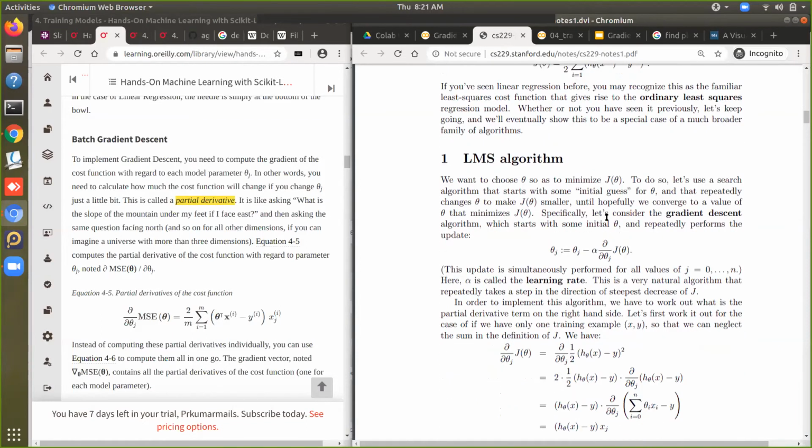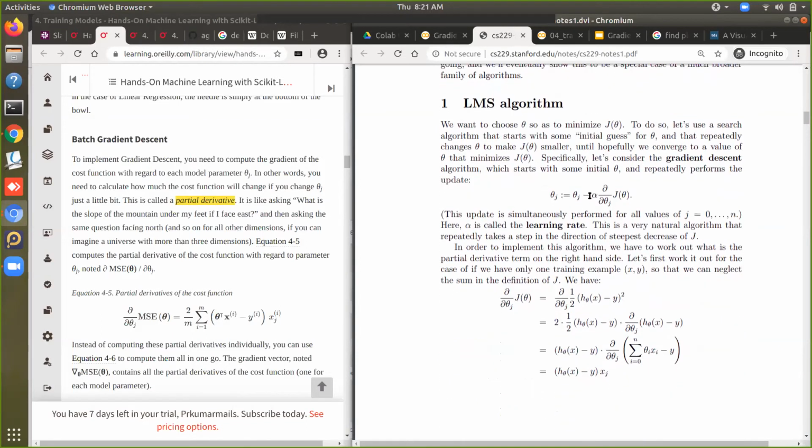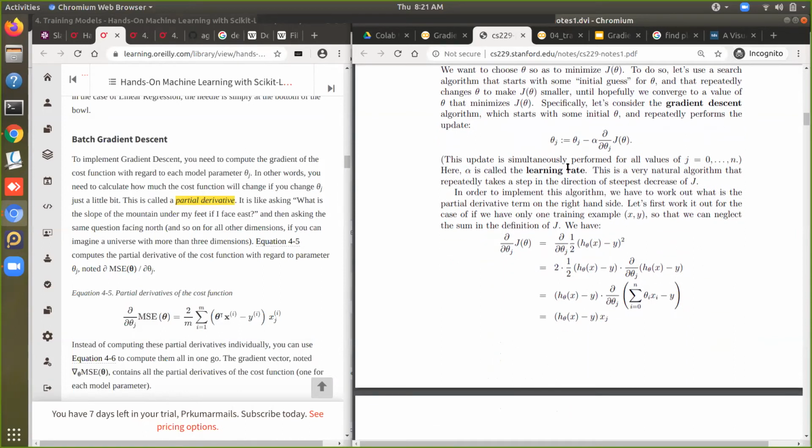Then this is what we are doing: update the parameters with the learning rate times the gradient that we are finding. When we have only one variable, only x1, taking the derivative is fine. But when we have multiple variables, we take partial derivatives.